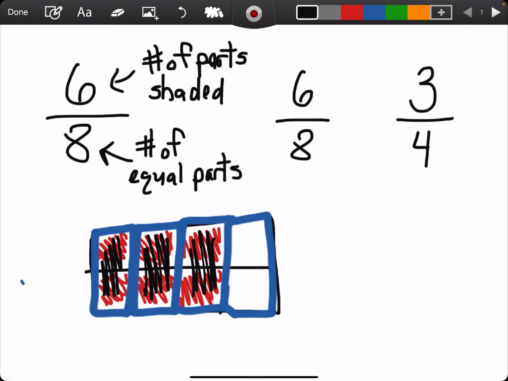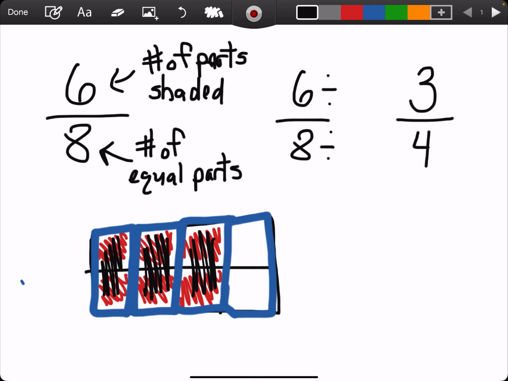So I have 3/4. Now, how do I get from 6/8 to 3/4? How could I get from 6 to 3? Remember, whatever I do to the numerator, I do to the denominator. So if I'm thinking division, what can I divide 6 and 8 by?